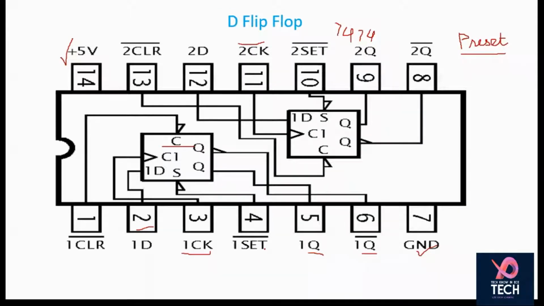For better understanding of any IC, what you have to do is type the number of the IC in Google, and also type along with that the term data sheet.